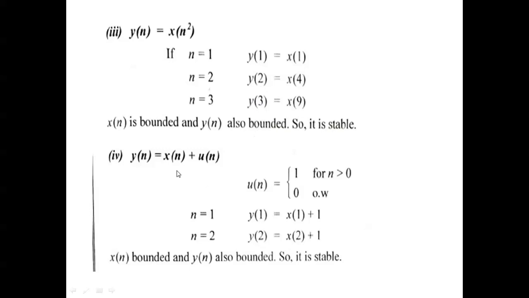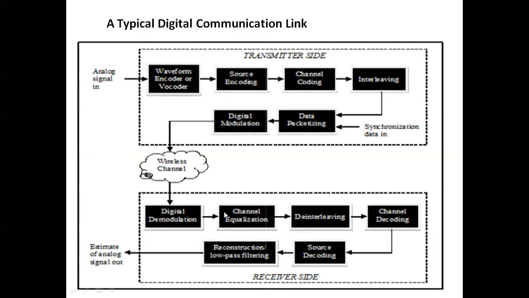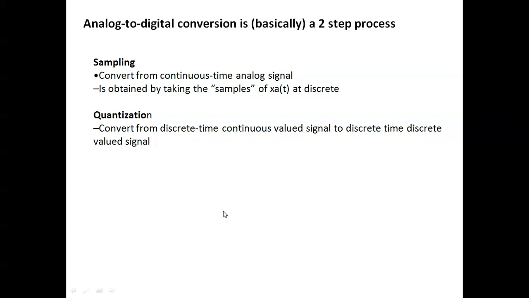So for x of n equal to v of n, with n equal to n value, y of n is equal to x1 plus v of n, which is 1. So it is also bounded, so it's stable. Okay, thank you.